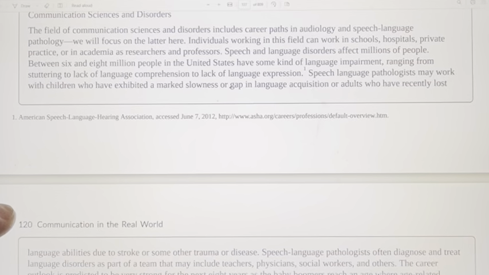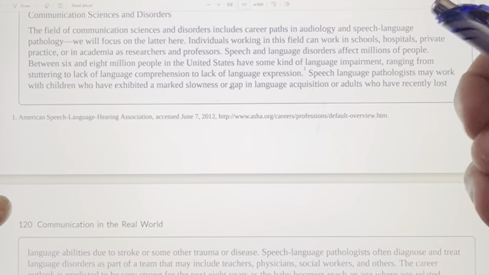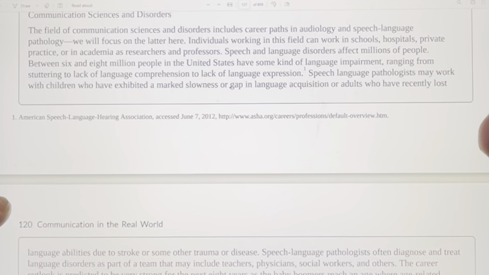Testing for hearing on children who are nonverbal or who are very, very young is a specialty. It's very difficult, because you can't always be sure that they even hear you, or the degree to which they can hear.